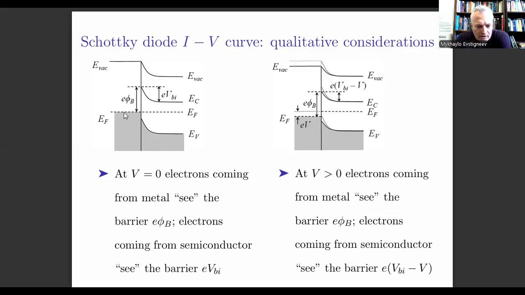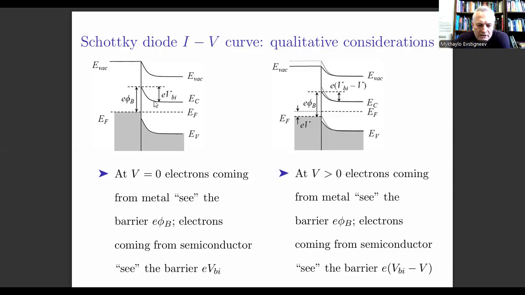So there are two currents. When the metal and the semiconductor are in equilibrium with each other, there are two currents which perfectly balance each other. These are the flows of electrons from semiconductor into the metal and from metal into the semiconductor, and at zero applied bias, zero applied voltage, the two currents mutually cancel.